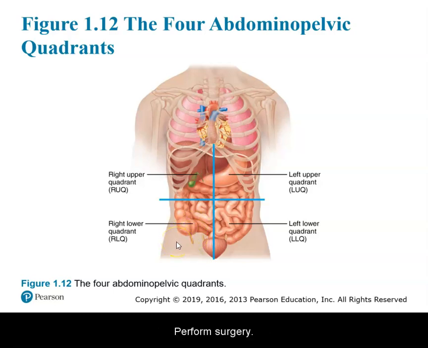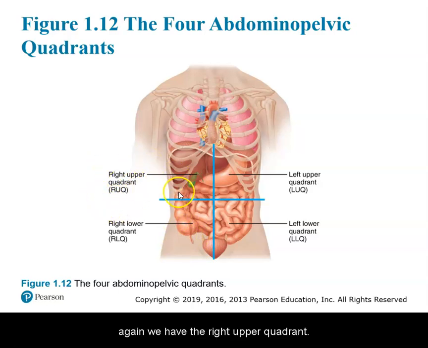So when we perform surgery, this is the area we go to find that inflamed appendix so that we can perform an appendectomy, removal of the infected appendix. Here we see the four abdominopelvic quadrants.